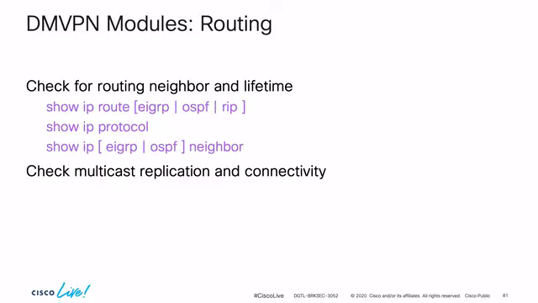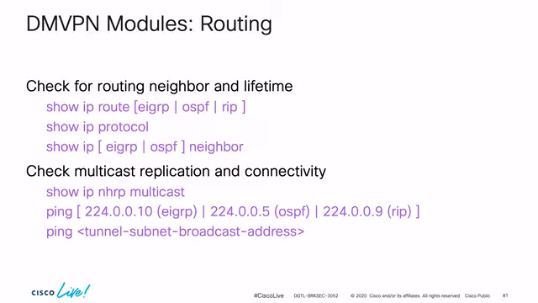This gives you information about all of the multicast packets sent across from the hub and spoke. You can use the ping option, like you would when you want to check connectivity for routing protocols in a regular IP network.